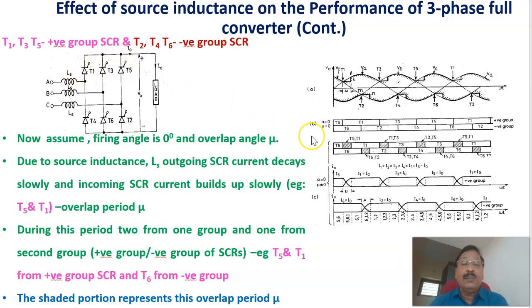T1 and T5 will be conducting from the positive group, and T6 will be conducting from the negative group. The shaded portion represents this overlap period. That is, this portion represents the overlap angle mu, which is because of the source inductance.